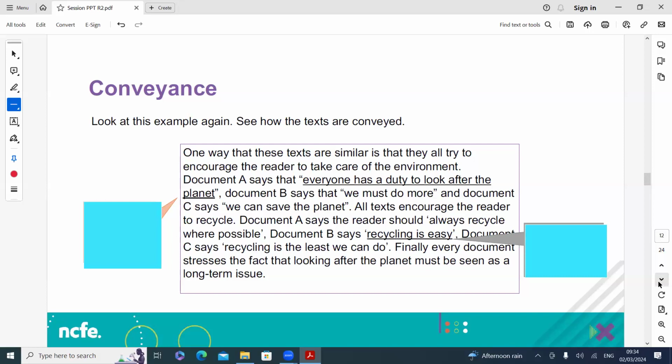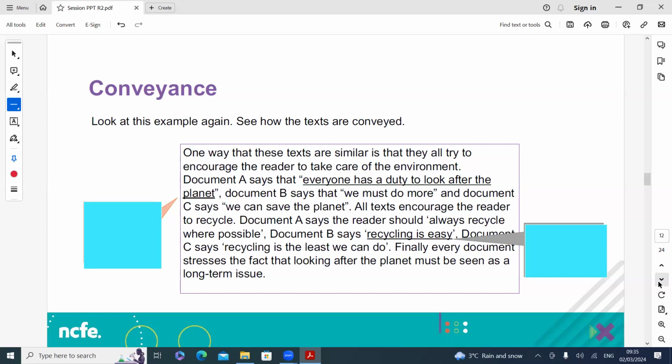And document C says we can save the planet. All texts encourage the reader to recycle. Document A says the reader should always recycle where possible. Document B says recycling is easy. And document C says recycling is the least we can do. Finally, every document stresses the fact that looking after the planet must be seen as a long-term issue.